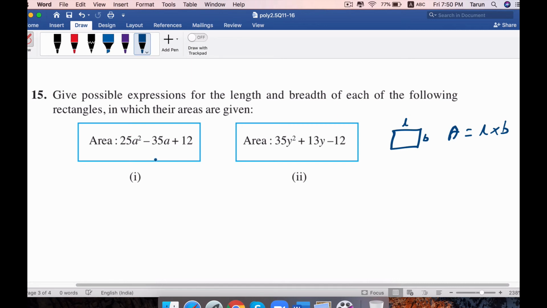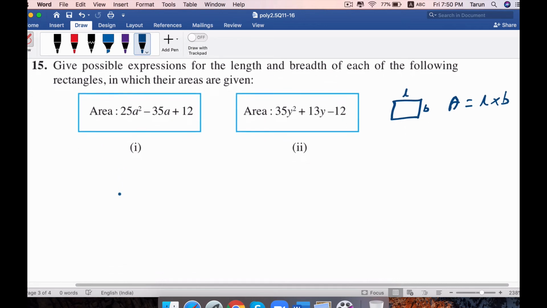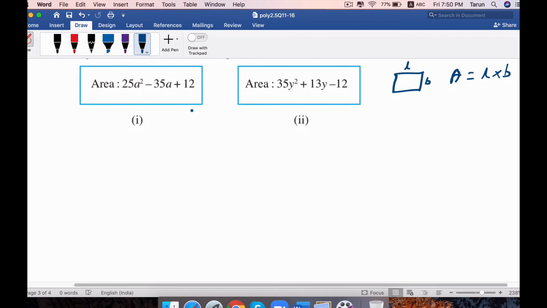So the first part can be easily solved by splitting the middle term. The factors for 300 will be 20 and 15.